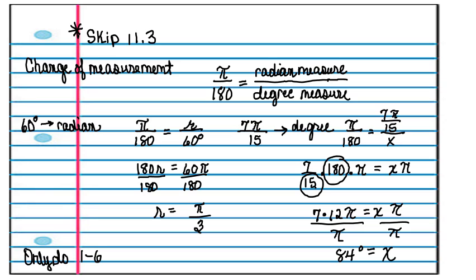So, changing measurement, what we're going to do is go from degree. Remember we had that unit circle here. And going out to the outside of the circle, we had unit 1 radiuses.